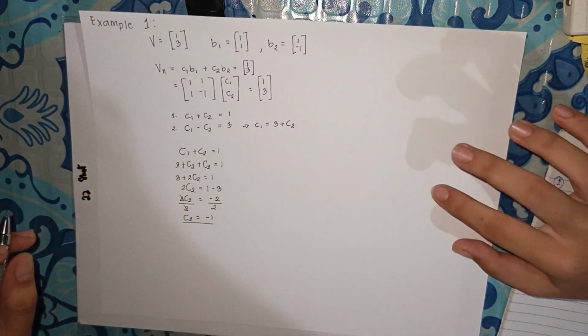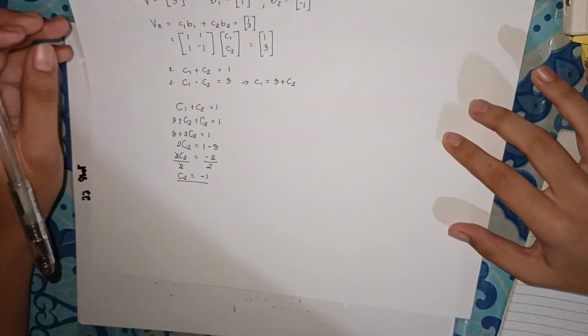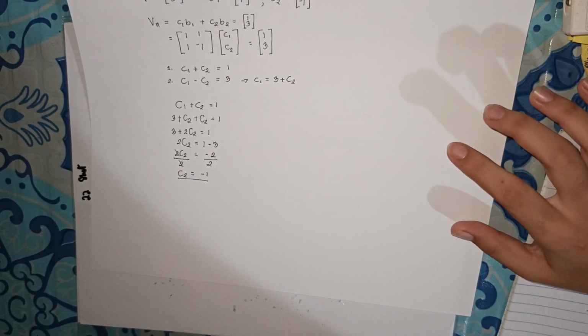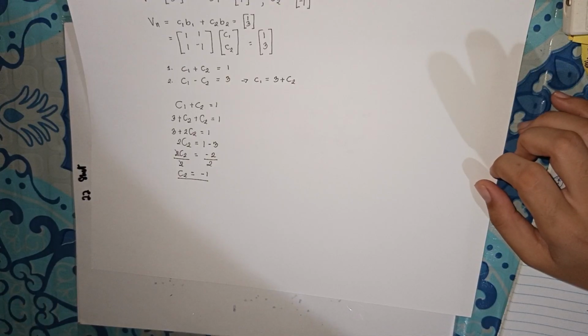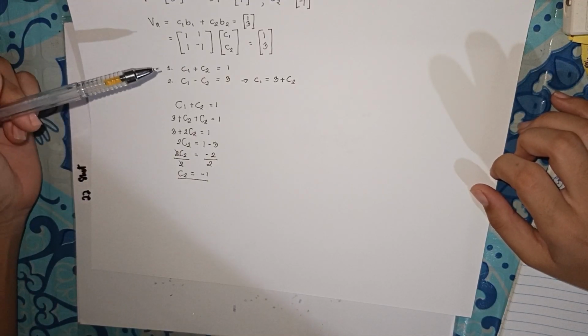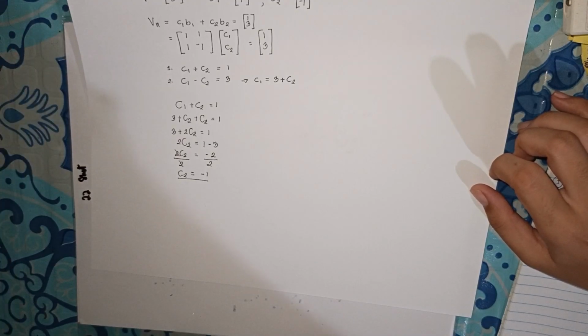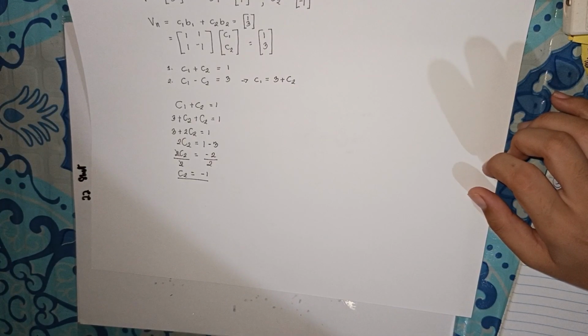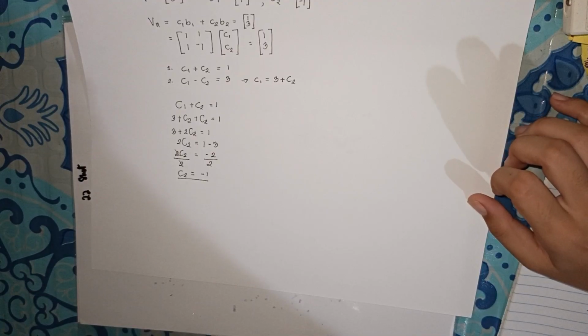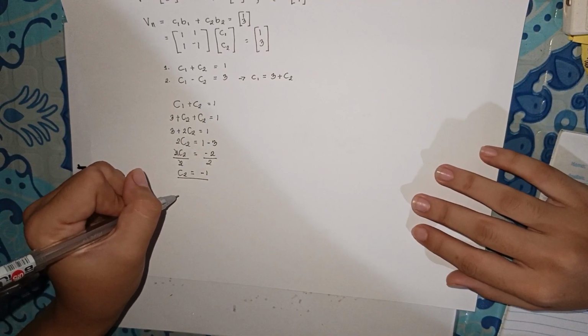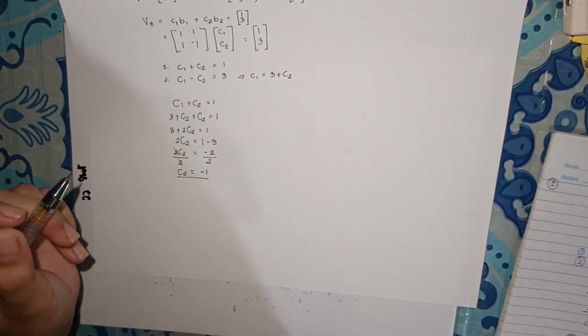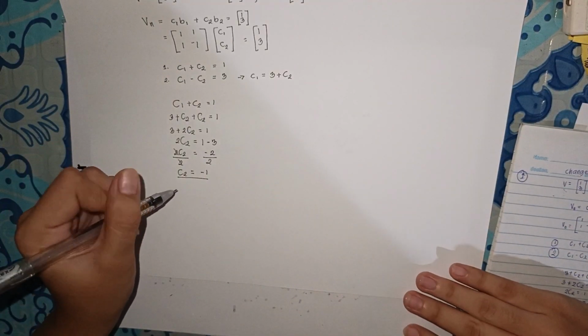The next is mag-substitute na po ta kay naa na tayo value sa C sub 2, so atong i-substitute either aning duha ka equation. So, ang akong substitute na karon is ang equation number 2.